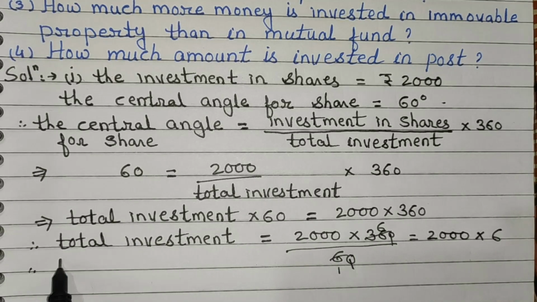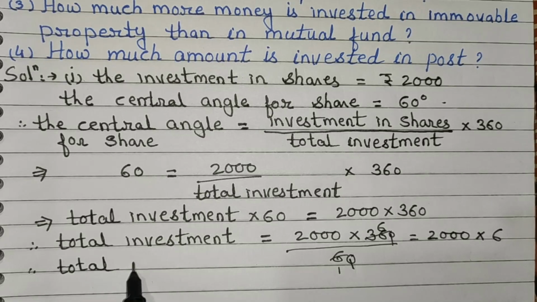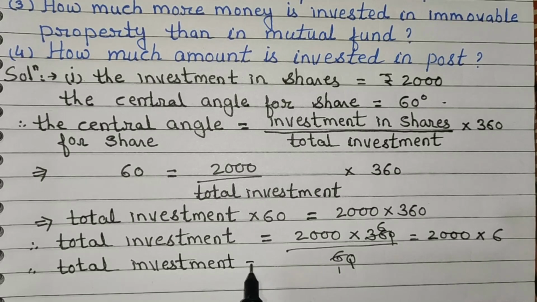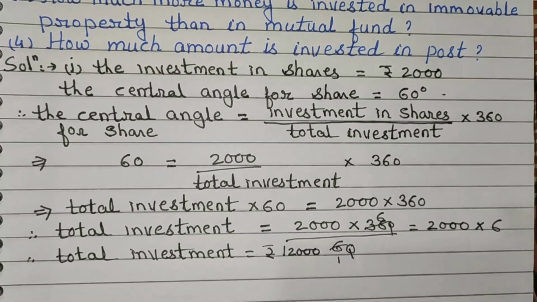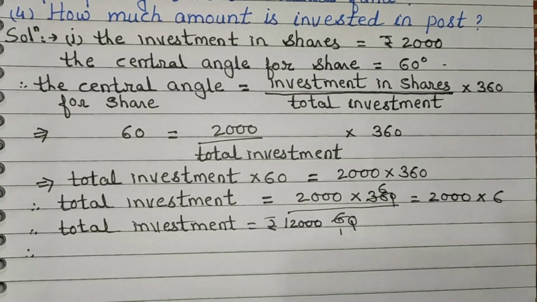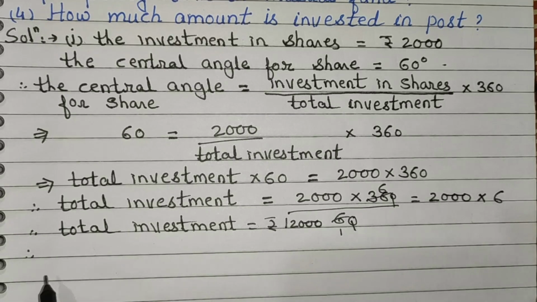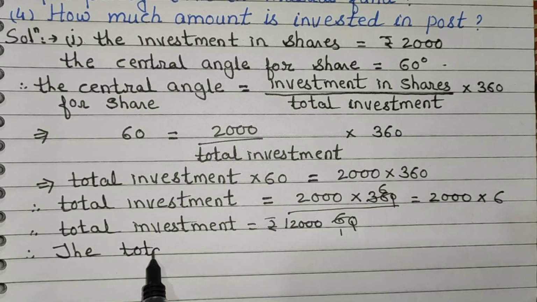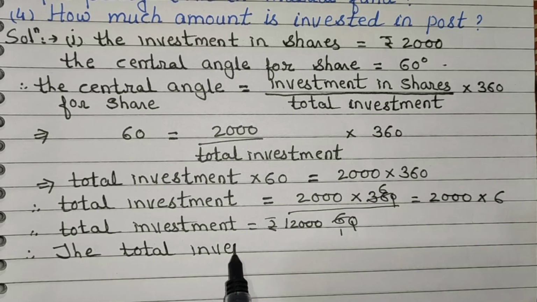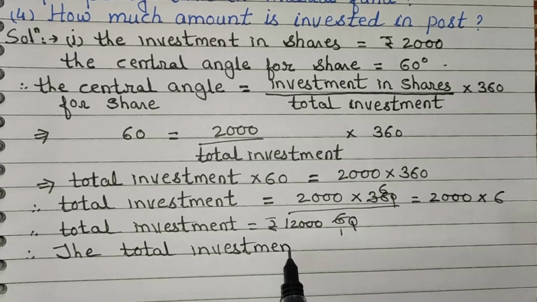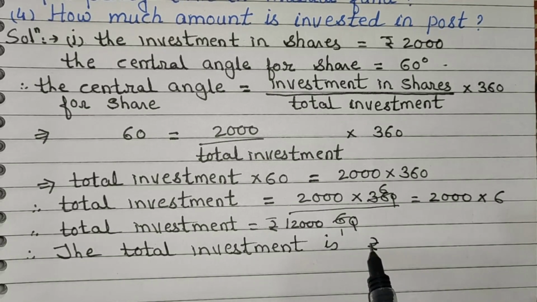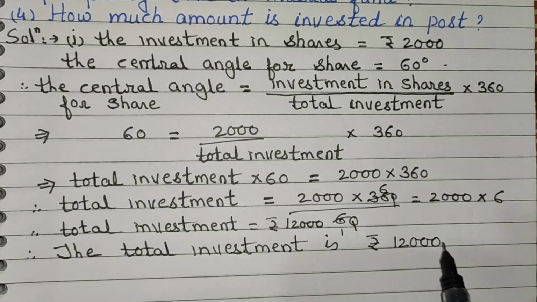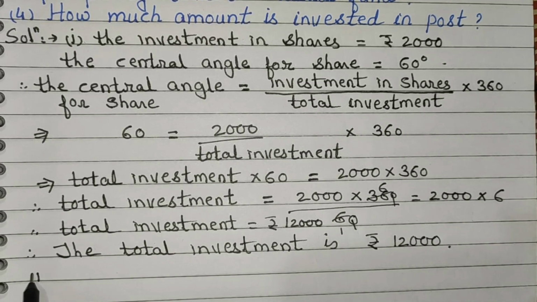Therefore, total investment is equal to rupees 12,000. Write down the answer of the first one: the total investment is rupees 12,000.